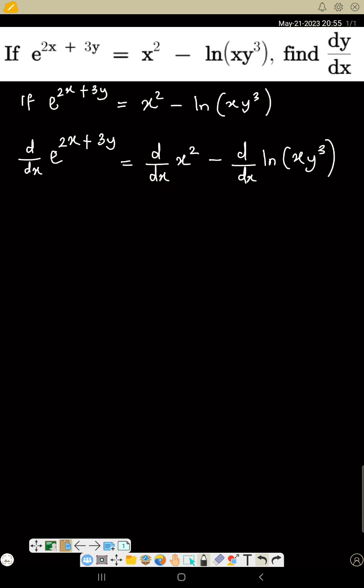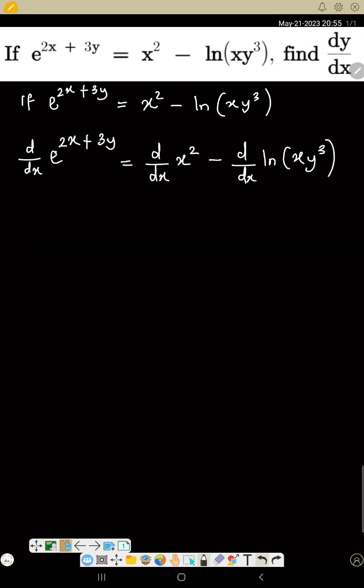But before we differentiate, this ln is like saying log. So ln ab is the same thing as ln a plus ln b, so I can actually split that.